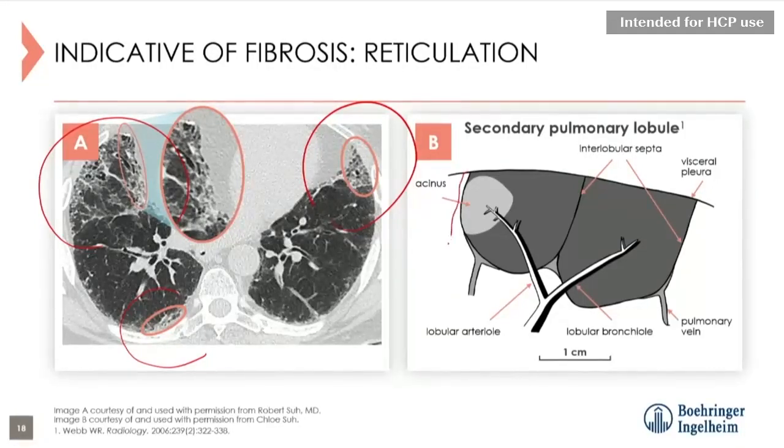Each of the lobules is bounded by interlobular septa, which contain a lobular vein, and each one of these secondary pulmonary lobules is subtended by a lobular bronchiole and arteriole. So when we see reticulation, it's a thickening of the interlobular septa as well as some of the connective tissue elements within the secondary pulmonary lobule, which are the intralobular septa.